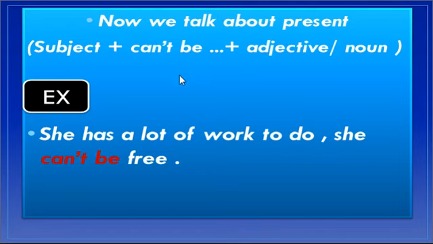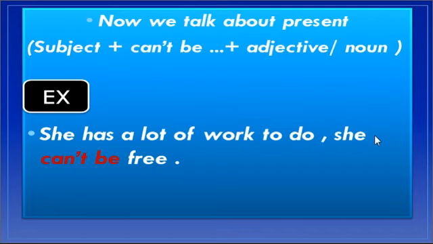Okay, if we are talking about the present، لما نيجي نتكلم بقى عن المضارع، certainty and inability we use can't be for expressing certainty and inability, but it's in the present. The main rule is subject plus can't be, and it should be followed by an adjective or a noun.